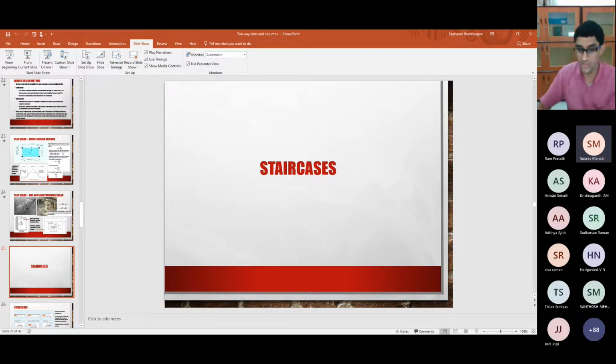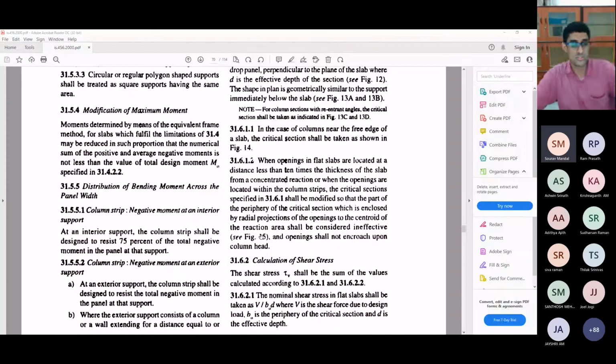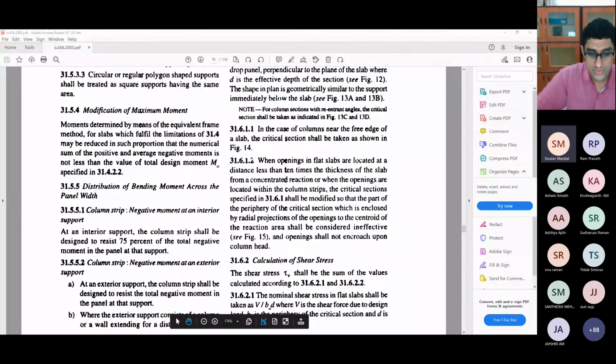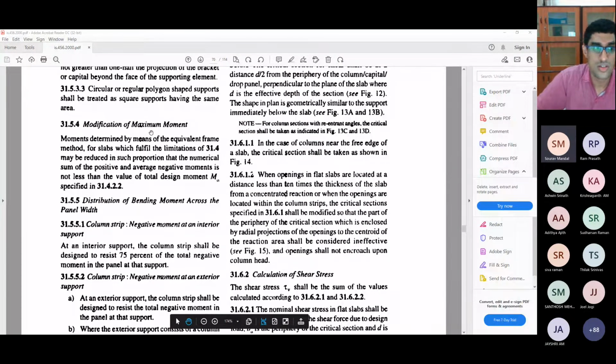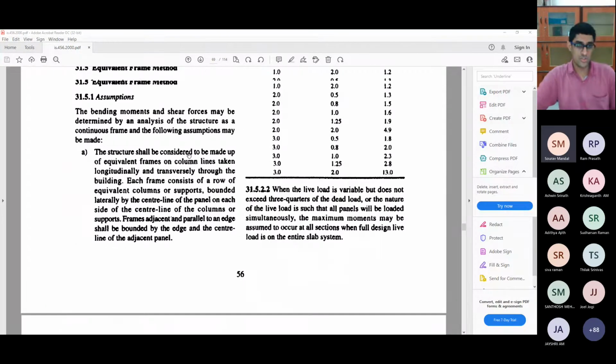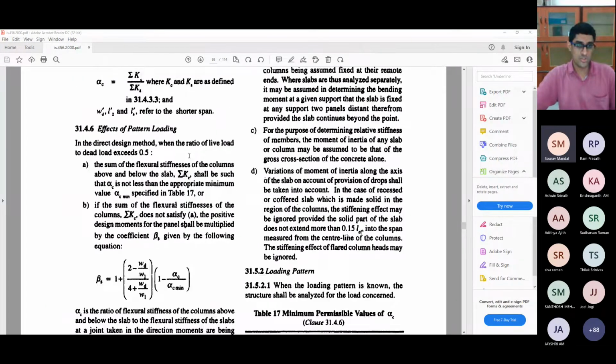First I have to show you the code book. Are you able to see my code book? Yes, sir.